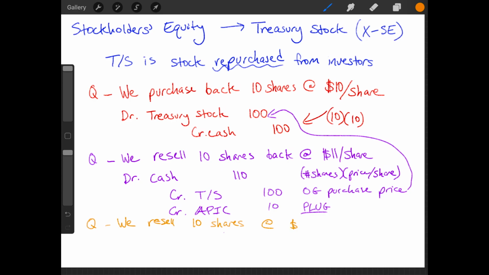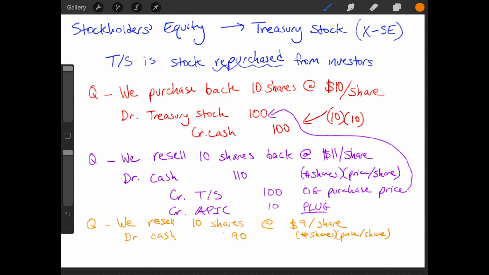So let's say we resell 10 shares at instead $9 per share. And so this $9 that we're selling it for is less than the $10 per share that we had originally repurchased it for. But again, we're always going to be debiting cash for the amount we receive, which is the number of shares times that $9 price per share.